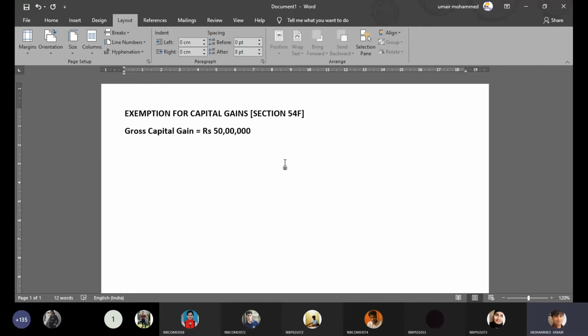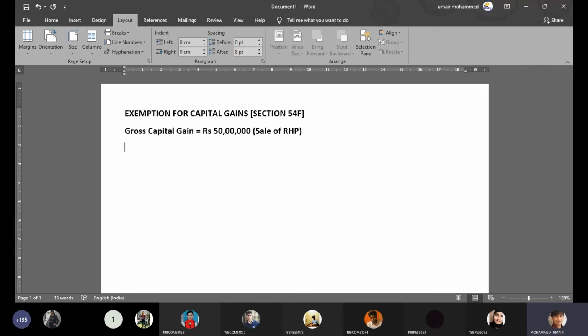Then we get NSC, or the net sale consideration. From that, we deduct indexed cost of acquisition, indexed cost of improvement, and after that, we get gross capital gain. Now, this gross capital gain needs to be reinvested in order to claim exemption. So let's assume this is the gross capital gain we have got from the sale of residential house property.